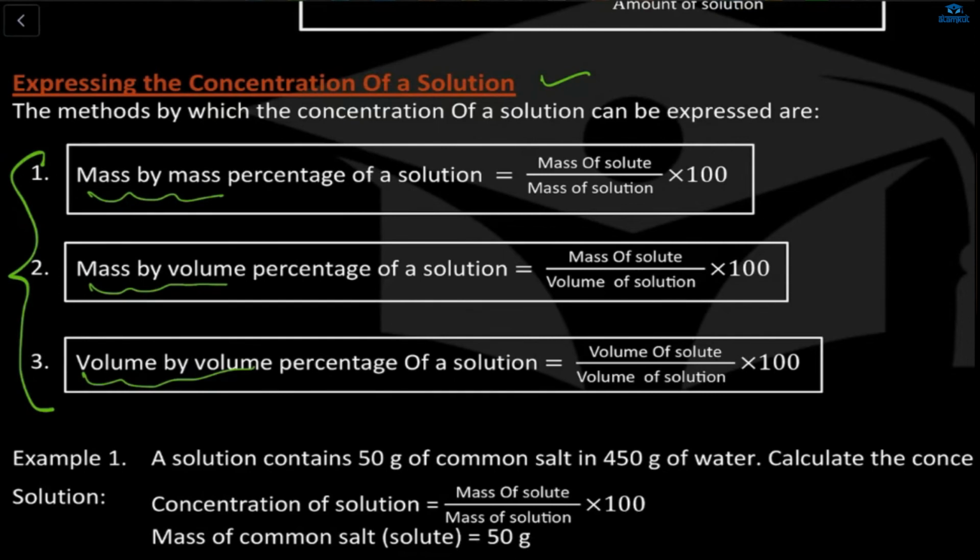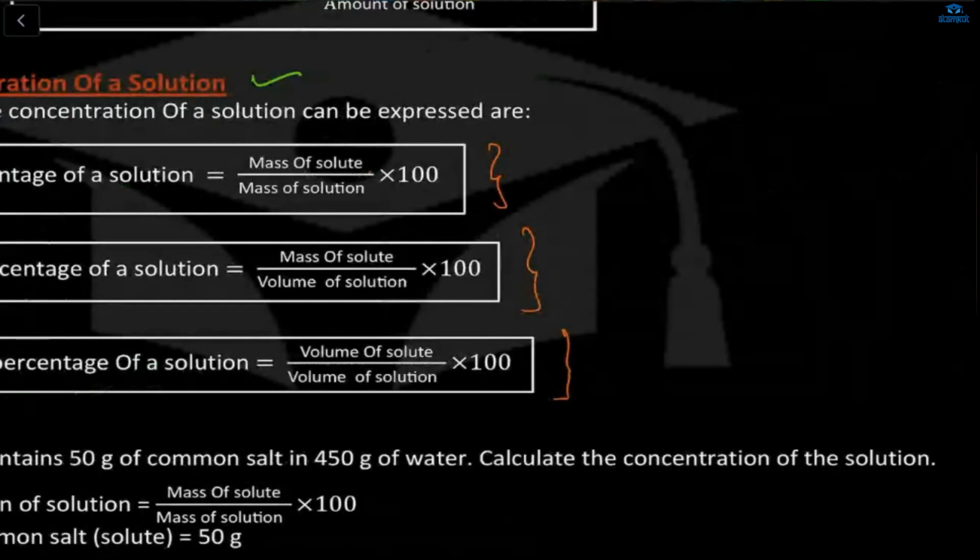Now you have to learn these three formulas a little bit. Mass by mass is what? Mass of solute, and mass of, okay, wait. See, let me make it easy for you guys to learn. Salt plus water is solution.